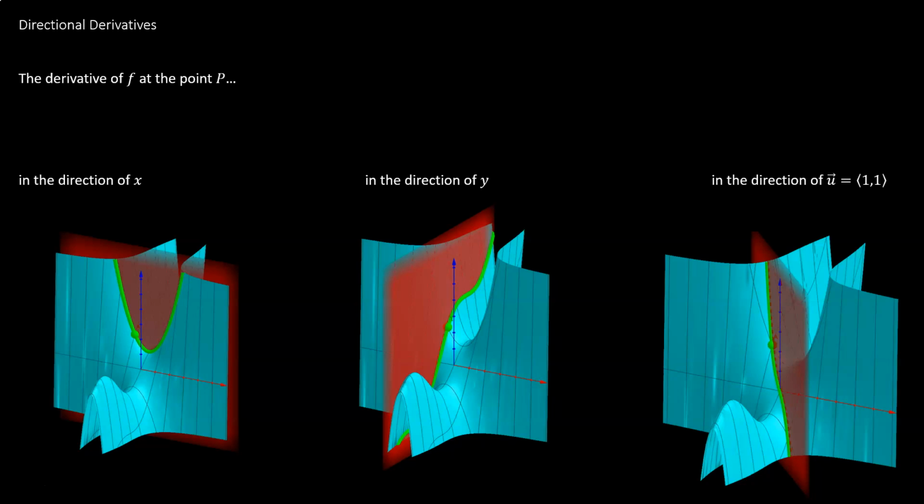But notice that this red plane is not parallel to the x-axis. It's not parallel to the y-axis. Instead, it's parallel to a direction vector. So we can measure the change along the green curve, and this would tell us what the change is in the direction of the vector u.